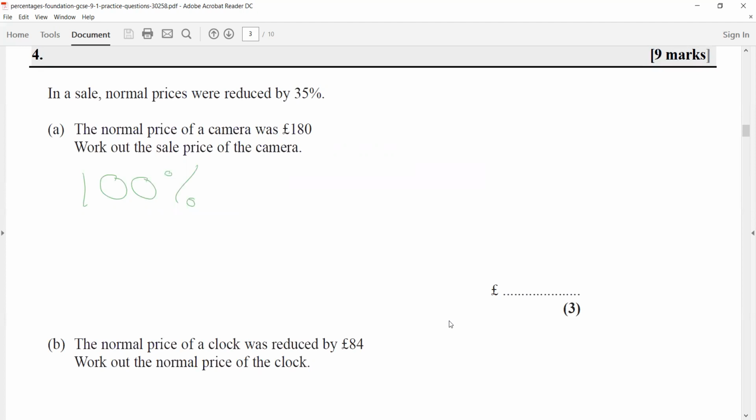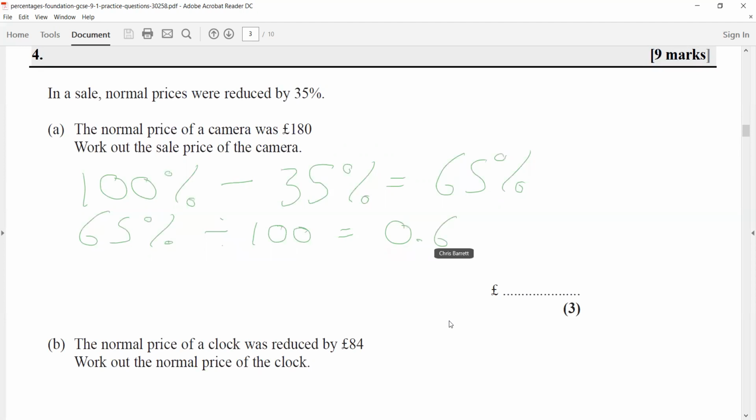You're then reducing prices, so we are then going to subtract off 35%. That then leaves us with 65%. 65% as a decimal is equal to 0.65.